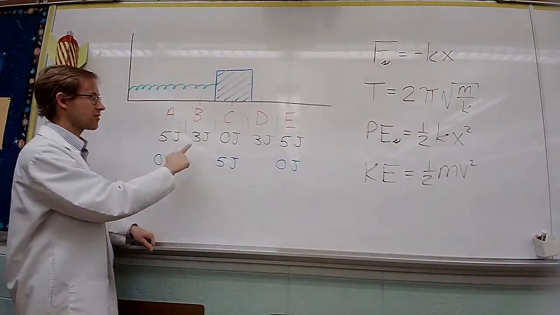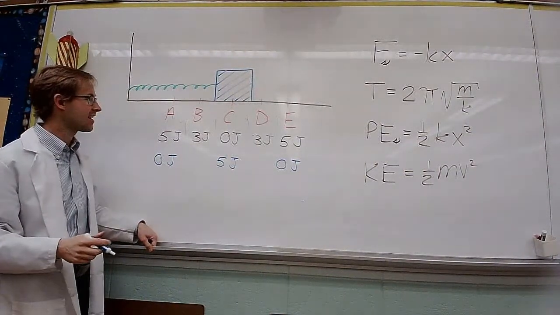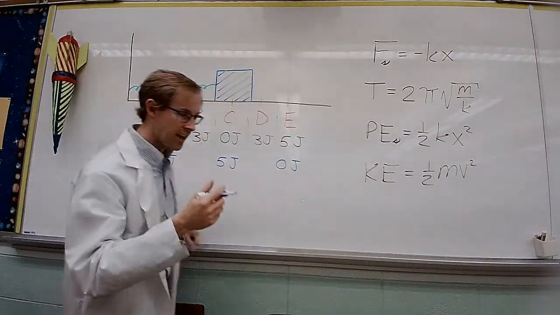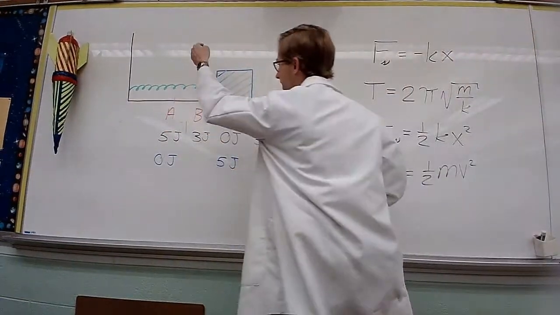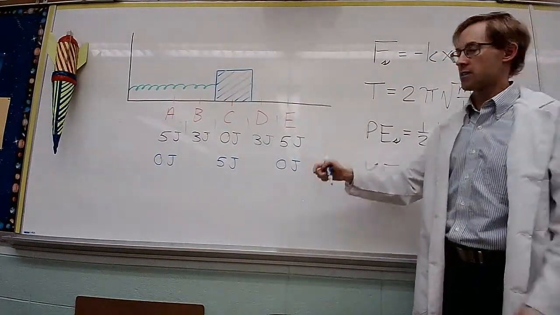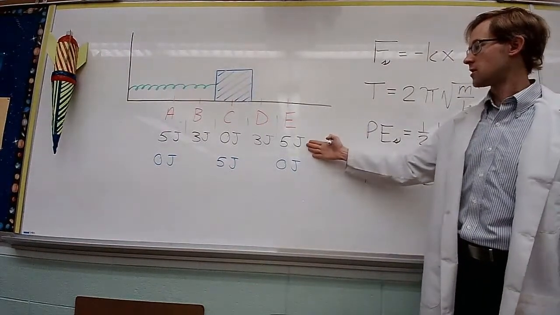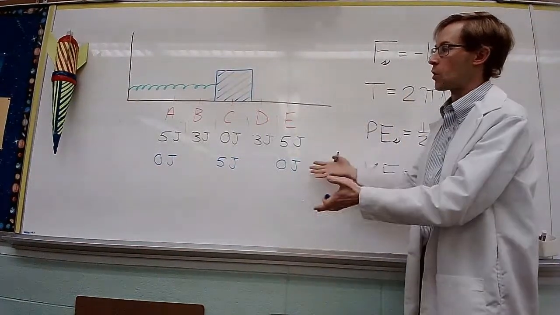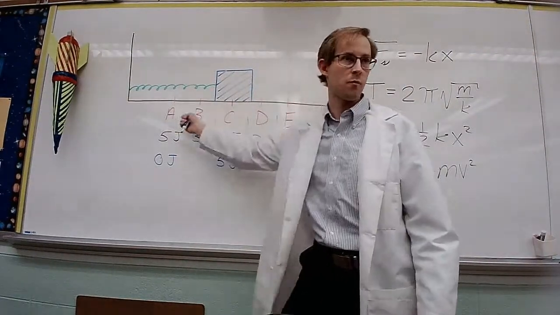And finally, letters B and D. These are the ones that are just going to take a little bit more thinking. Now, again, at its maximum, letters E and A, you've got 5 joules of energy. It's all spring potential, but 5 joules of energy is the grand total amount of energy that this system has as it oscillates back and forth.